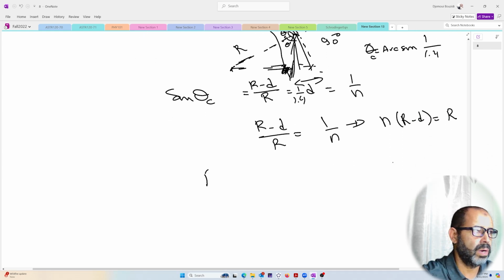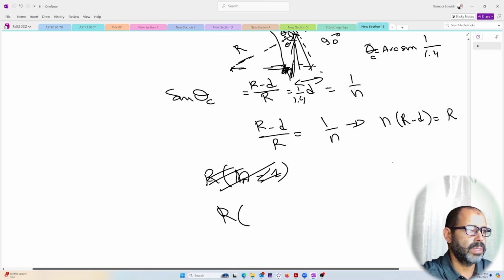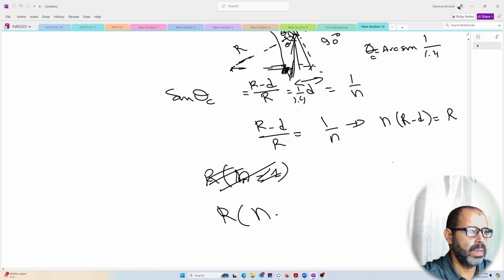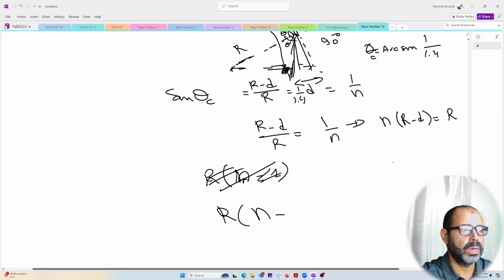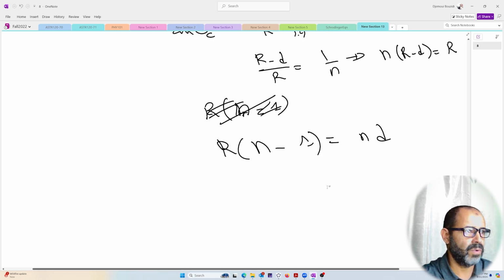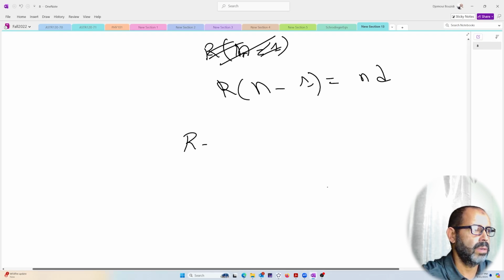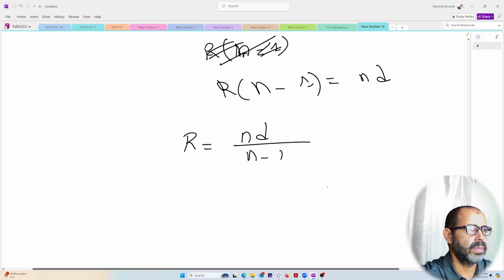We'll be left with r times n minus 1 is equal to nd. From here, we can solve for r. This is the minimum curvature radius that you can use so that the entire ray stays in.